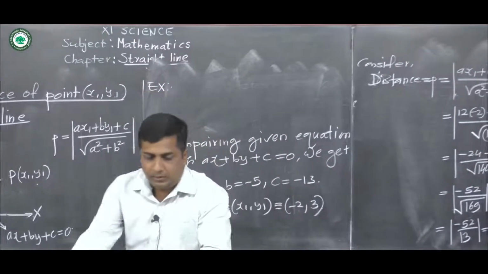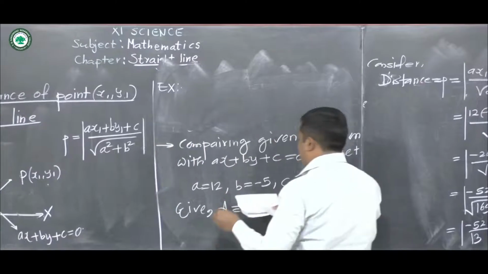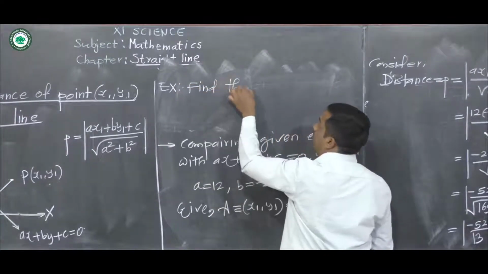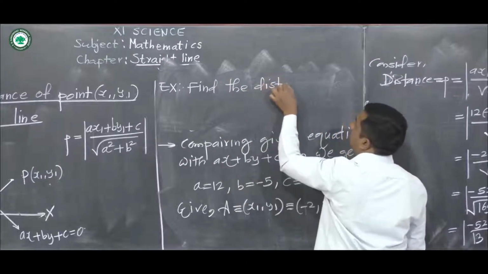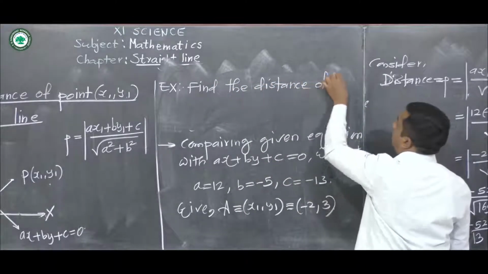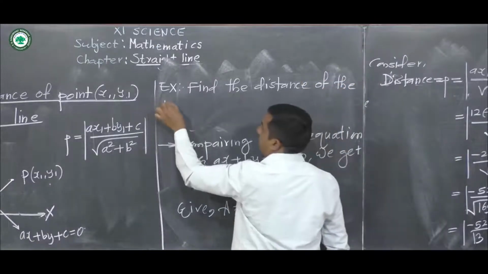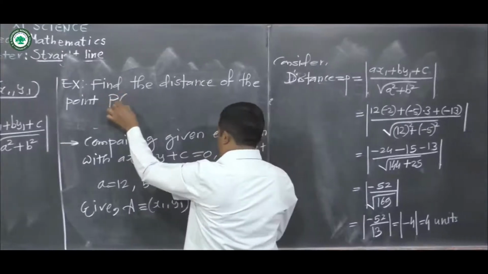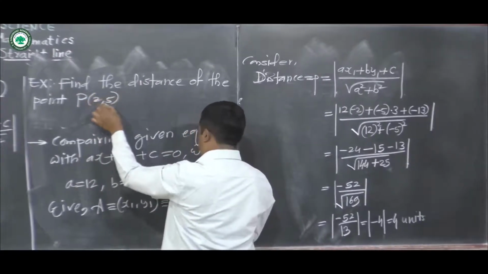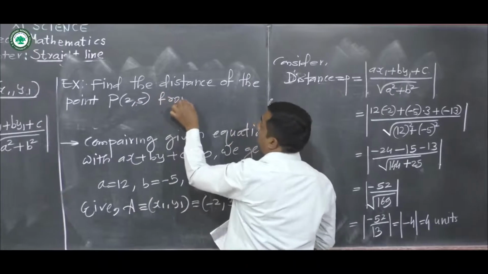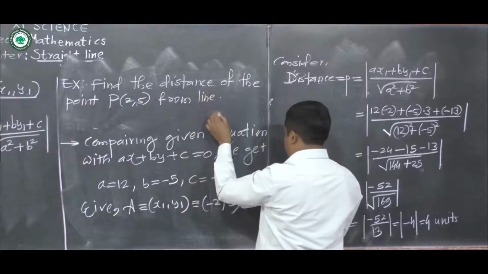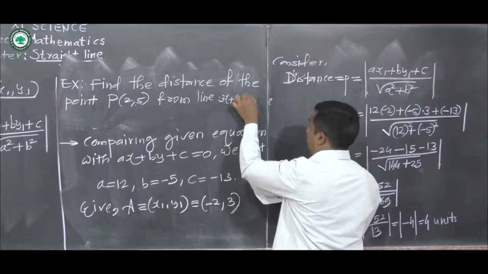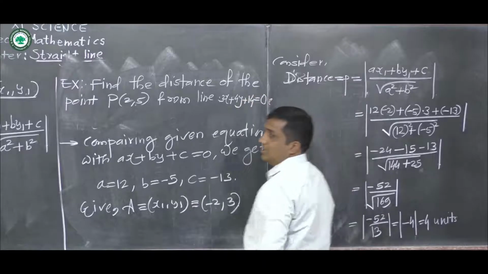Example: find the distance of the point P of 2, 5 from the line 3x plus 4y plus 14 equal to 0.